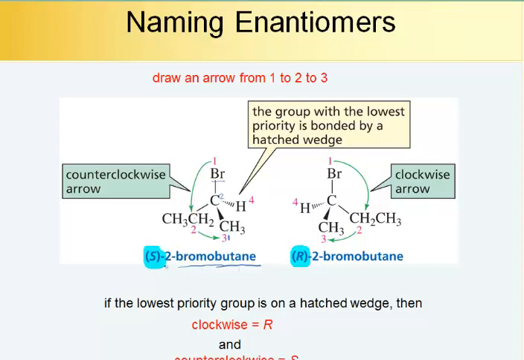So counterclockwise is S. Similarly with our mirror image over here, we've ranked our substituents, but this time we're going clockwise, and because we're going clockwise, that's an R. So in parentheses we have our S or R, dash 2 dash bromobutane, and that's how you would name enantiomers.